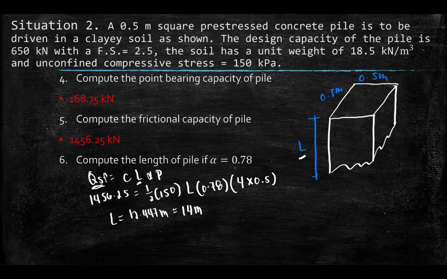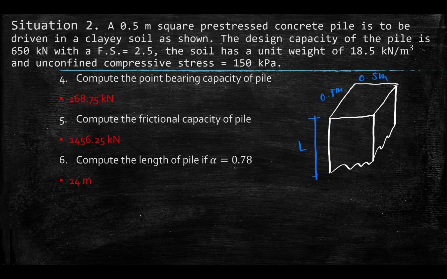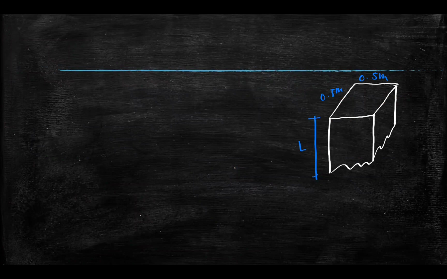So our length can be 13 meters or 14 meters. The length must be greater, and it should be a whole number. Either way, whichever is closest to the choices is what we will put. Checking our answer, 14 meters. Did you get it? Let's proceed to our next question.